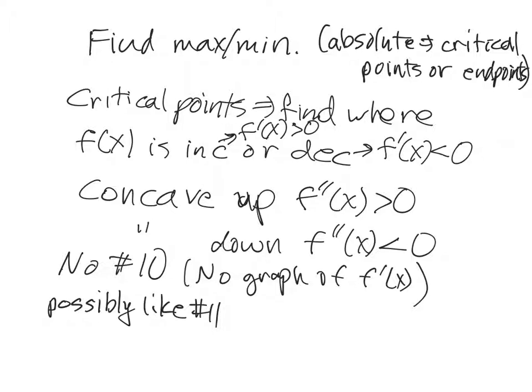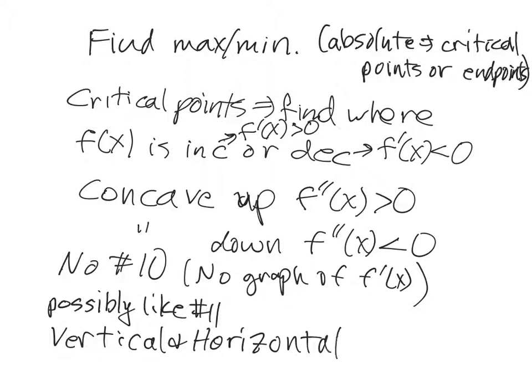And then the very last part of test 3, vertical asymptotes and horizontal asymptotes. Make sure you know how to find those. In class, we did talk about oblique asymptotes or slant asymptotes, but there will not be anything like that on the final.